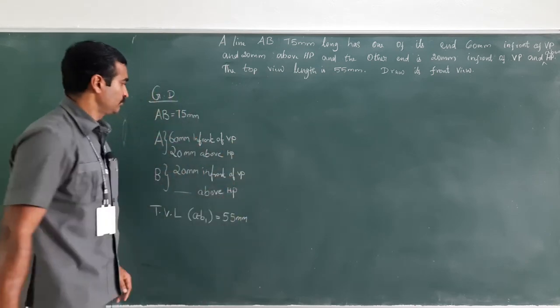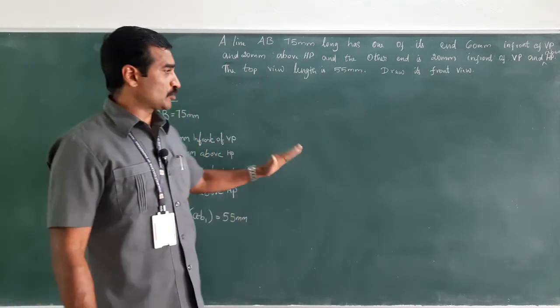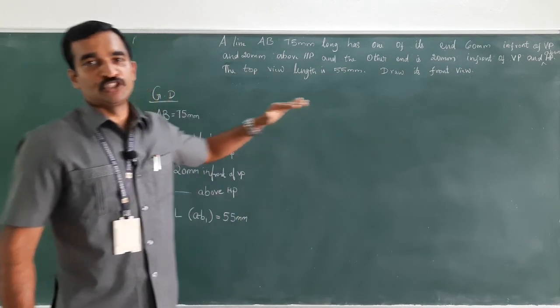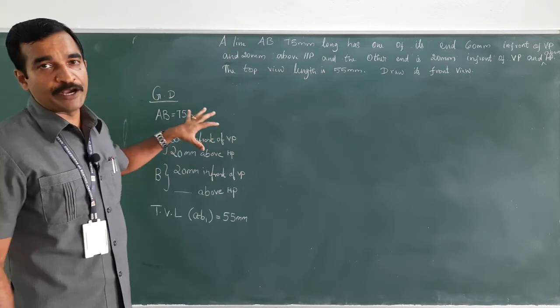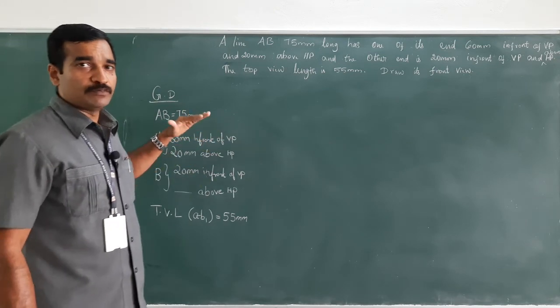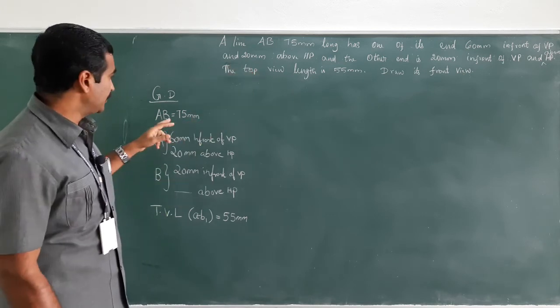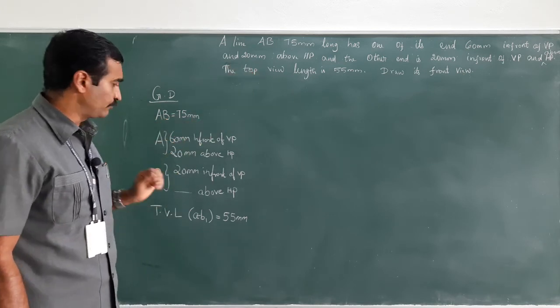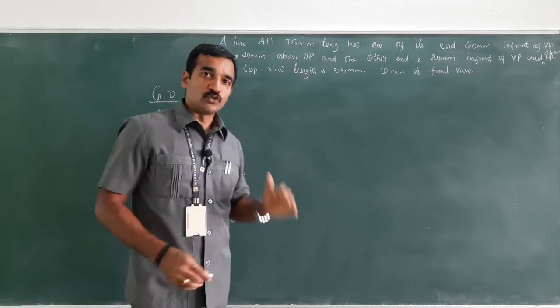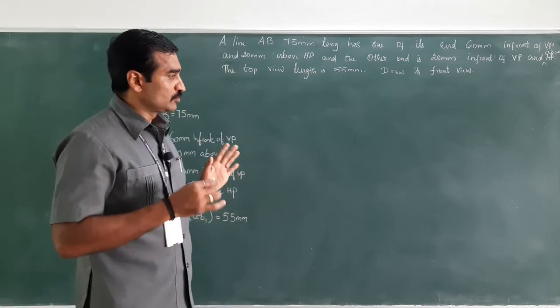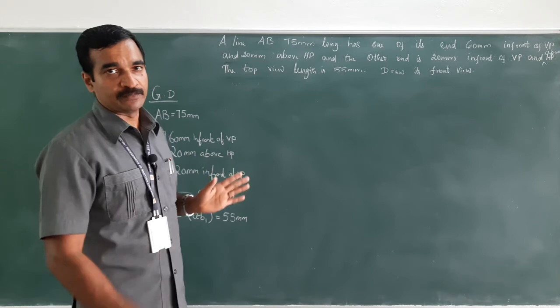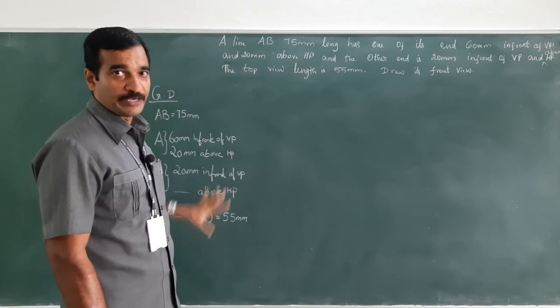So, before proceeding with the projection, you check whether you have 5 inputs or not. Without 5 inputs, you cannot proceed with the projections. Look here: 1, 2, 3, 4 and 5. To complete a successful projection, one must know 5 inputs.